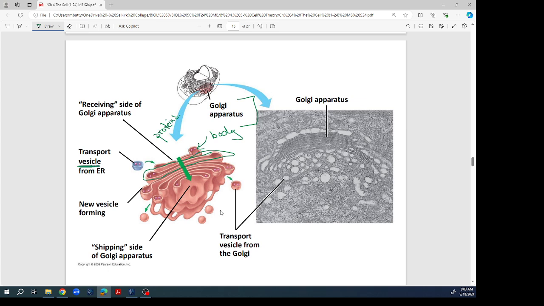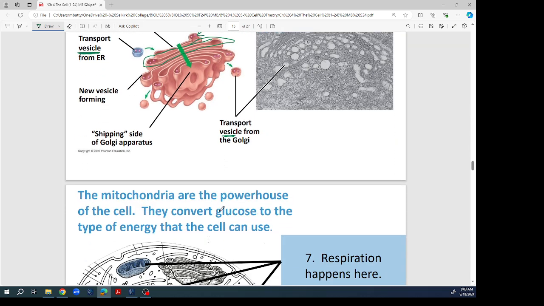Vesicles are membrane-bound little packages that can ship molecules anywhere in the cell. And so here we have vesicles coming off. And these proteins, remember that's the key job of them, are perfectly packaged for going to where they need to do the job that they need to do.